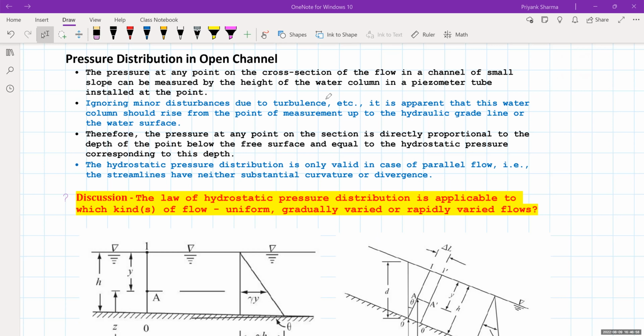Therefore, the pressure at any point on a section is directly proportional to the depth of the point below the free surface, and that is equal to the hydrostatic pressure.